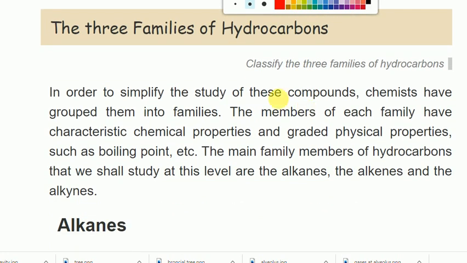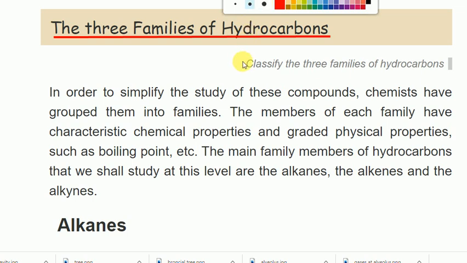Now when we say a family, it means a group of hydrocarbons which tend to have the same properties. Each group contains distinctive characteristics which are similar among members of the group.